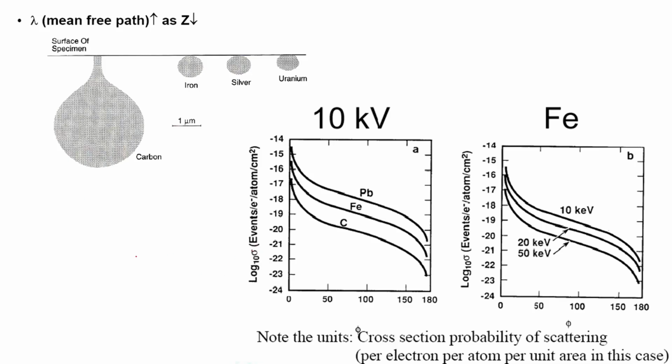This y-axis is basically the scattering, and it is given by this Q, which is directly proportional to Z square divided by E square into cot square theta by 2.